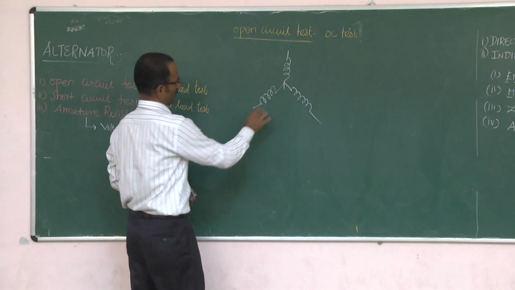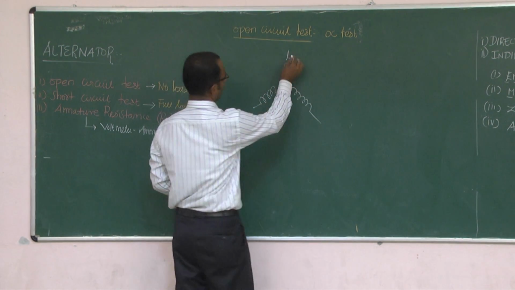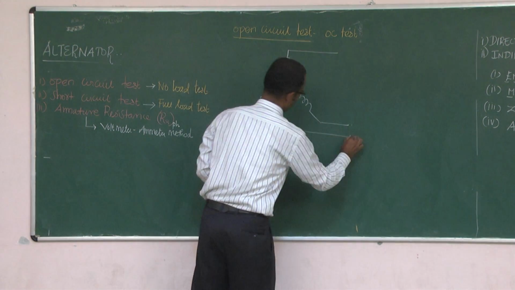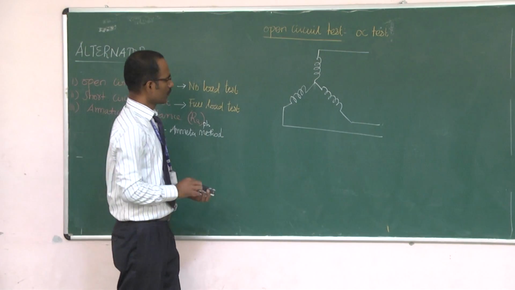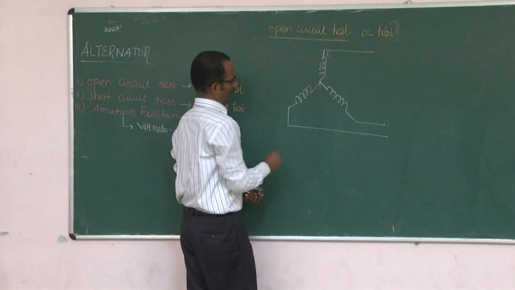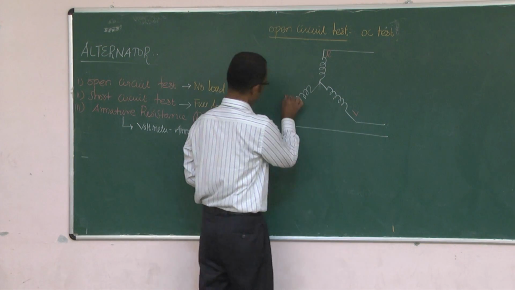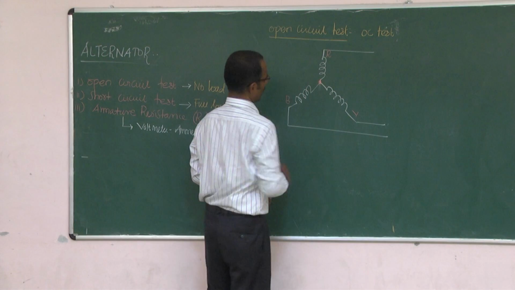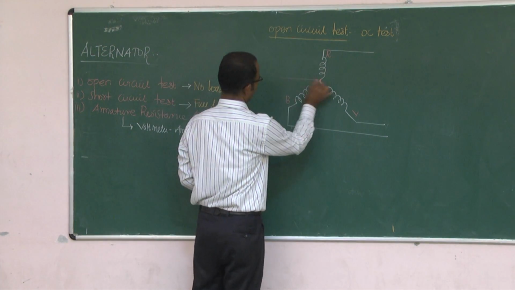It is considered as the stator winding of the alternator. It is star connected, R phase, Y phase and B phase. All the other ends of the phases are connected together. It is considered as the neutral.